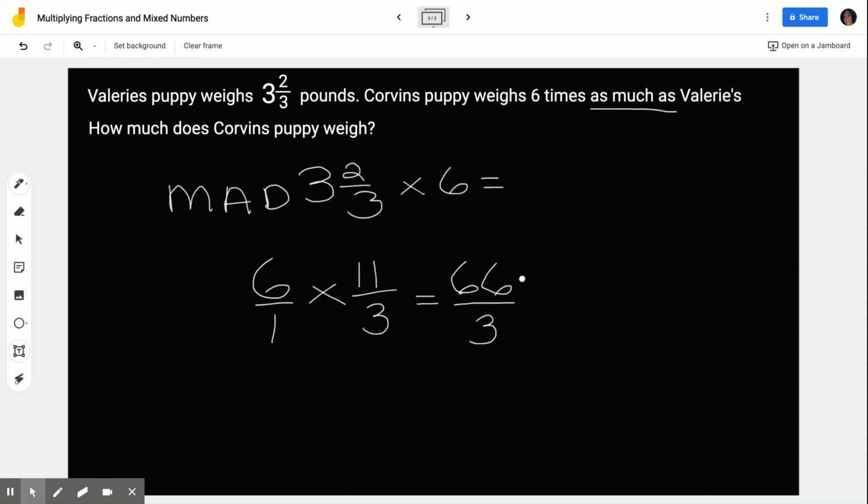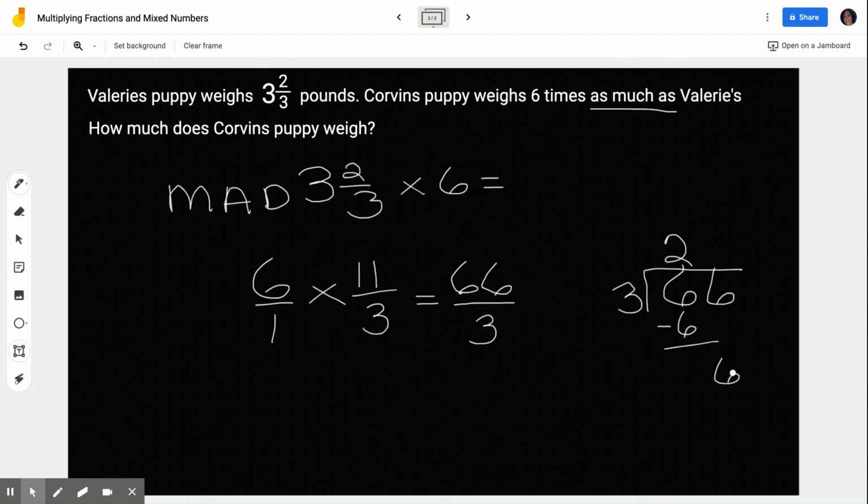So this says 66 divided by 3. So I'm going to set that problem up inside that division house and divide to get my mixed number. How many groups of 3 can I make with 6? I'm going to start here in the tens place. The answer is 2. Bring down my next 6.